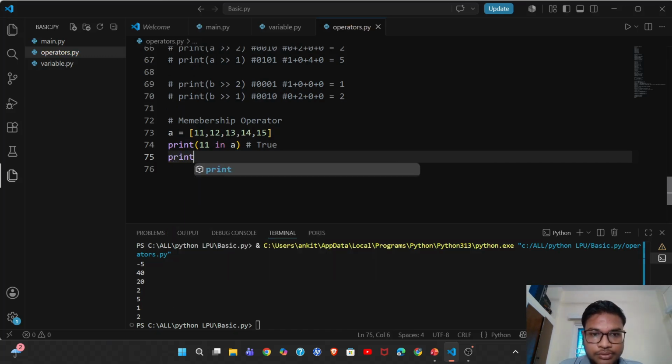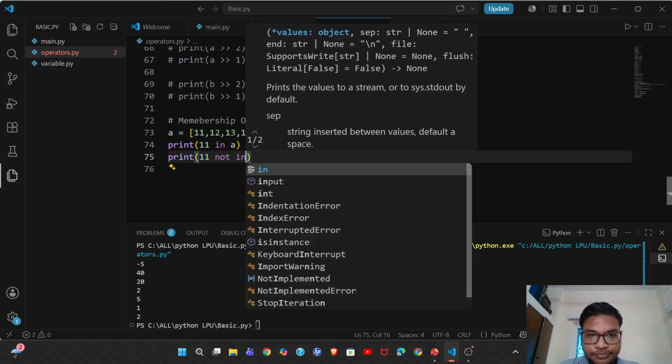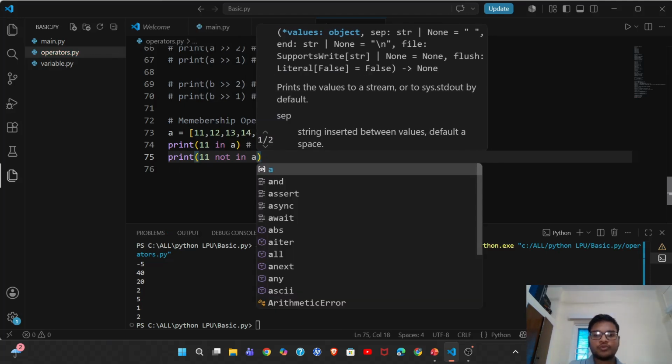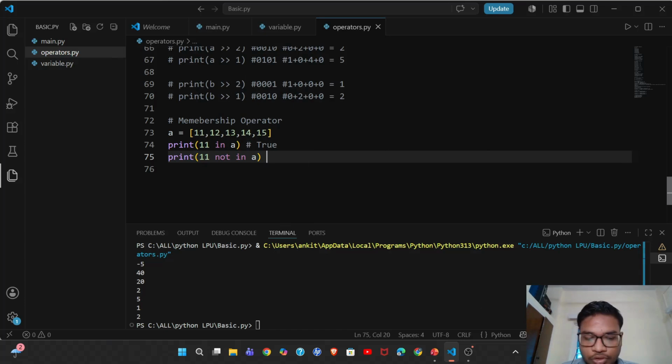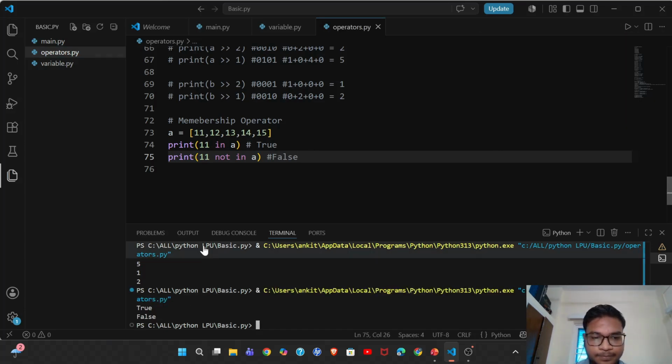Then print 11 not in A. What is the output? The output is false. Correct. So just see the output here. The output is false here, and here the output is true. Both of these are correct.